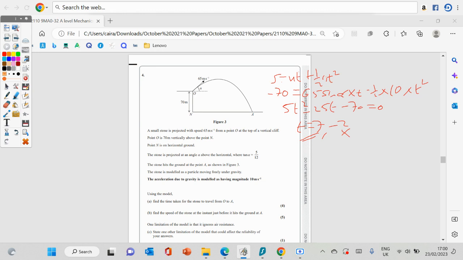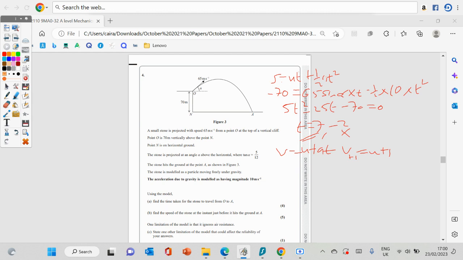Part B. Find the speed of the stone at the instant just before it hits the ground at A. Right. Just before it hits the ground, I can use v equals u plus at on that. And I know that velocity horizontally has to be the velocity originally, the u horizontally.